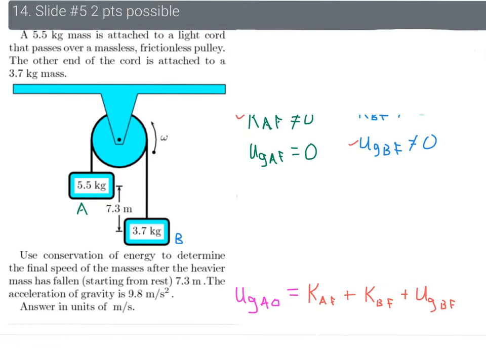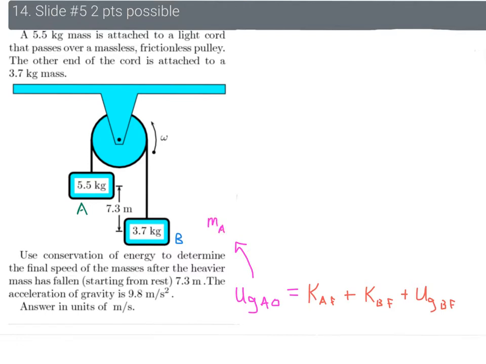So it looks like a long equation is going to get worse. The equation for potential energy is the mass of A times gravity and then times height. And we know all three of those variables, so we can plug them in momentarily.